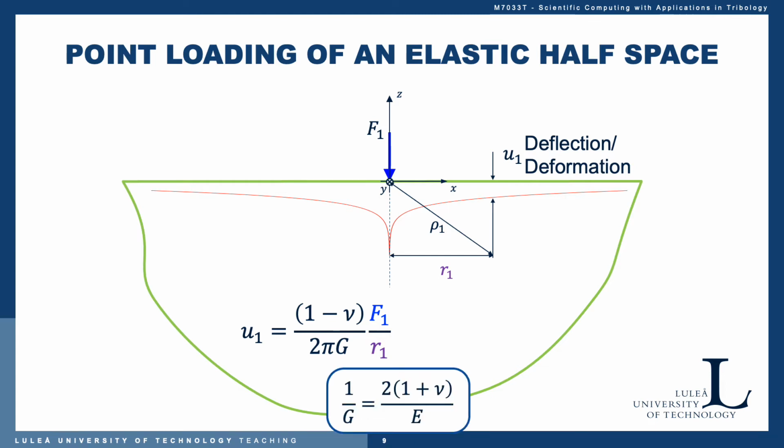G here is the shear modulus, nu is the Poisson ratio, and 1 over G is actually related to this expression involving both the Poisson ratio and the Young's elastic modulus. So we can write it in terms of the Young's elastic modulus like this.